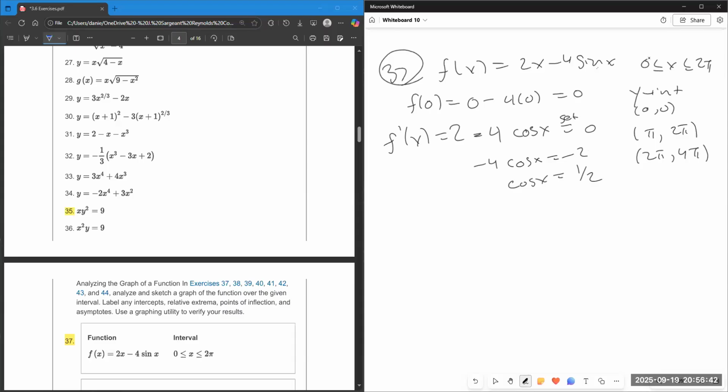So x is equal to arc cosine of 1/2, and then the other answer will be 2 pi minus arc cosine of 1/2 will be my other critical number.